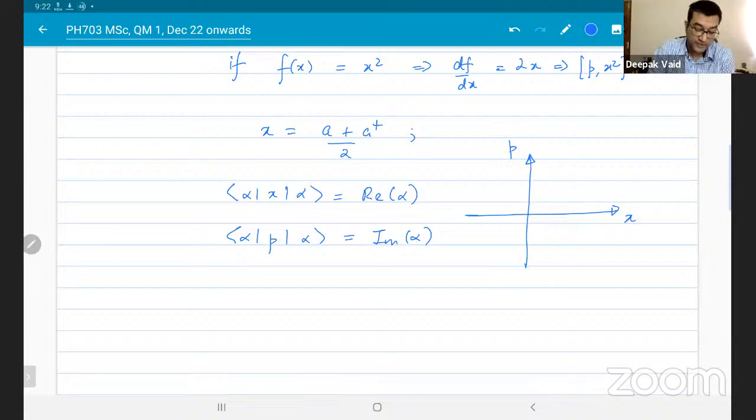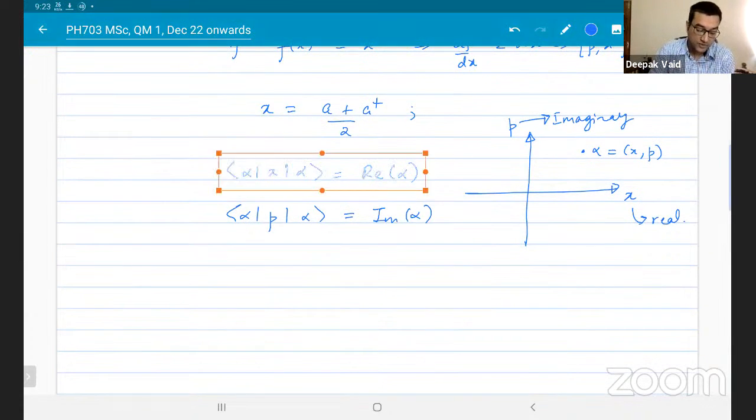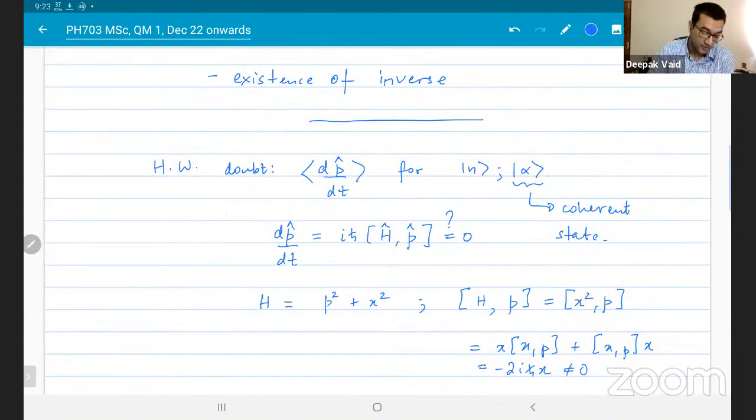If you look at the phase space and pick any point in the phase space, you can think of that point as alpha. It has coordinates x comma p, where you think of this as the imaginary axis. So this is not 0, and the expectation value of dp by dt will also not be 0.